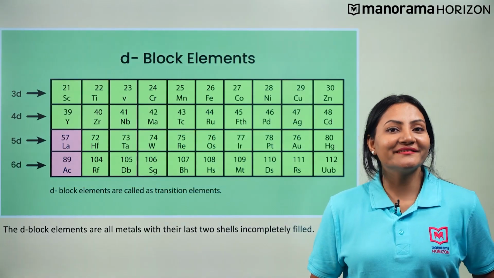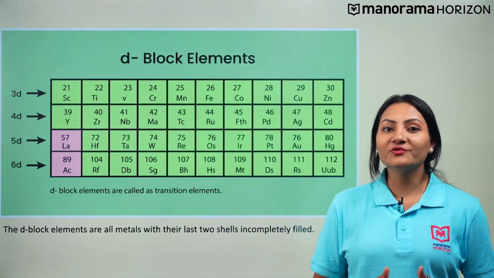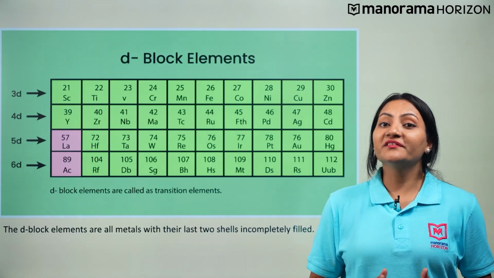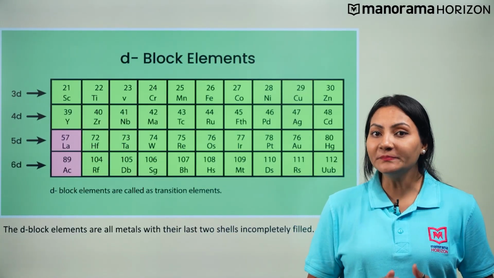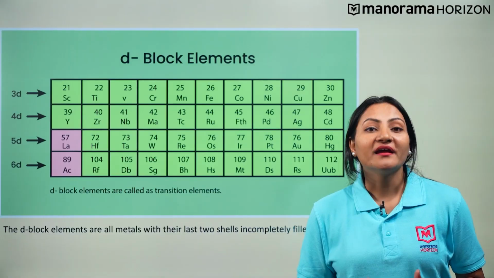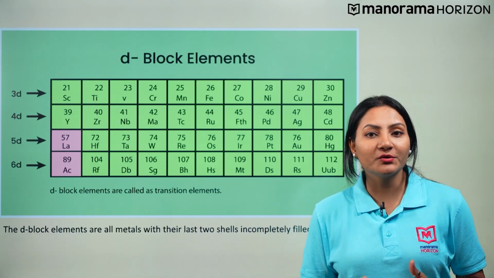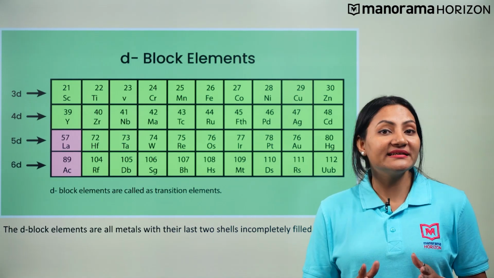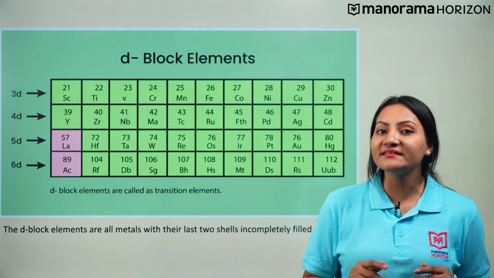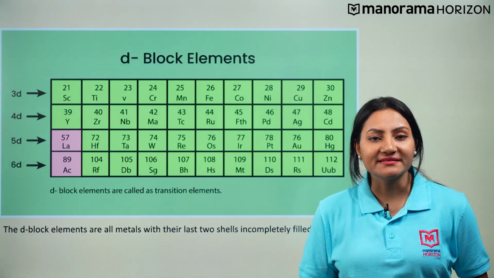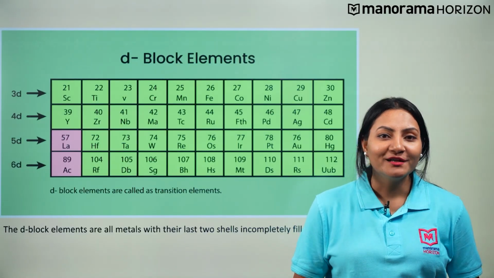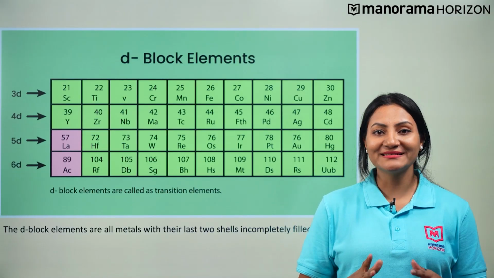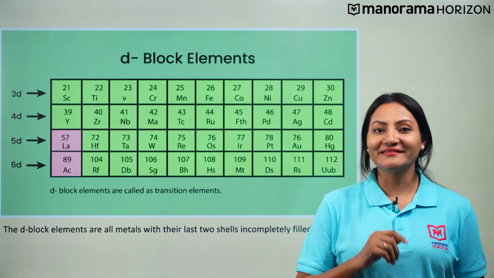The 3d series is from scandium to zinc, 4d is from yttrium to cadmium, and the 5d series is from lanthanum to mercury, omitting cerium and lutetium. And the 6d series begins from actinium and is still incomplete. You don't have to remember the whole d block, but try to remember the 3d series.